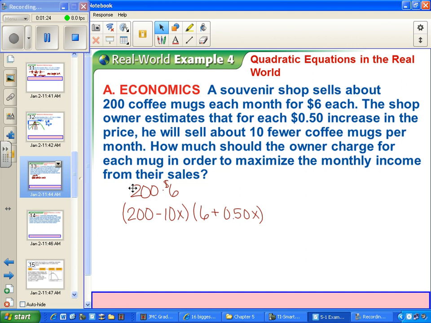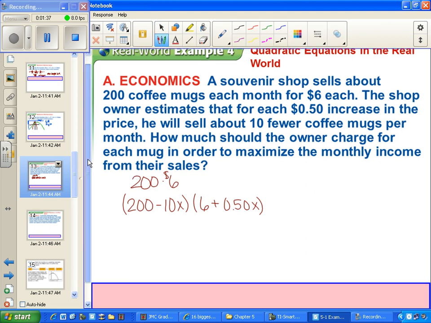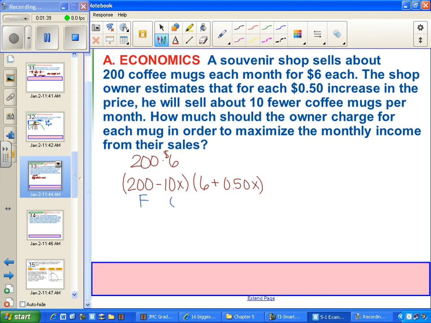Okay, so if we want to make a graph of this, it might be helpful to see it in the ax squared plus bx plus c form. And to do so, we would need to FOIL this. So FOIL again, first, outer, inner, and last. So the first two is 1200. Outside is 100x.